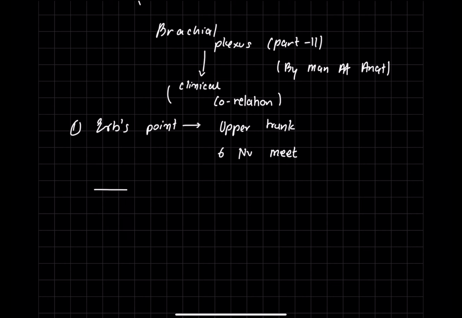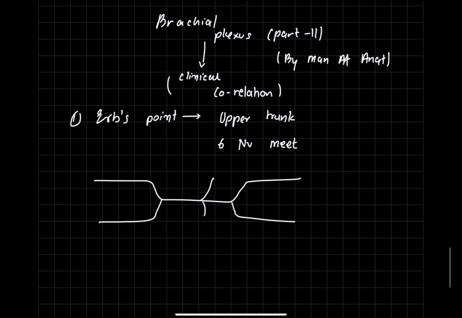If I give a schematic diagram, it is something like this. This is your UBS point. This is C5, this is C6. We know that C5 and C6 merge to give us the upper trunk, and then the upper trunk divides to give us the anterior division and the posterior division.